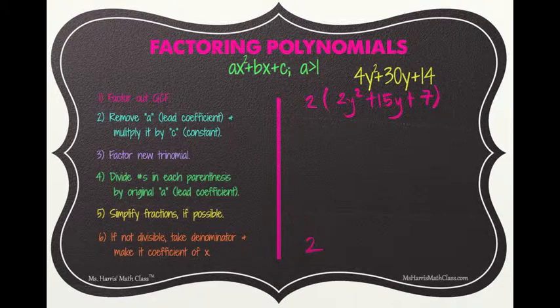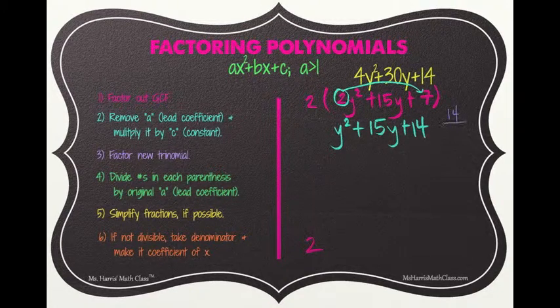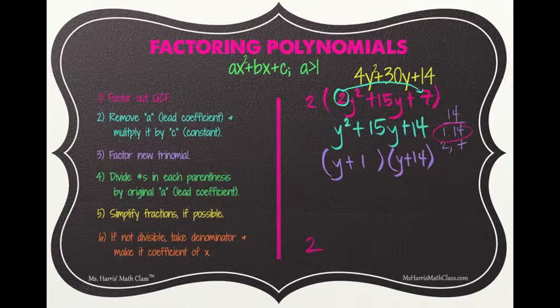There's still a lead coefficient, which we'll circle and multiply by the constant 7. Our new trinomial is y squared plus 15y plus 14. The factors of 14 that have a sum of 15 are 1 and 14. Divide each factor by the lead coefficient we circled, which is 2. We can simplify the fraction 14 halves, giving us the factor y plus 7.